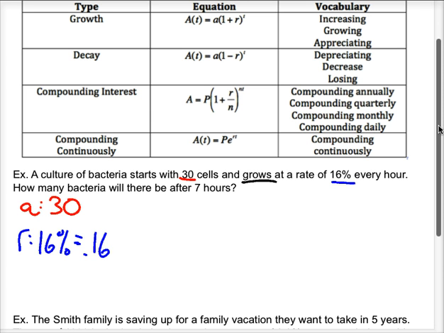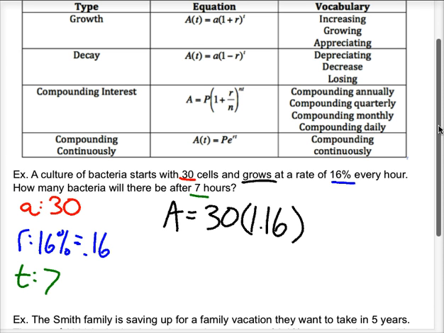And then 7 hours is going to be our time. All right, so we're going to have 30 times 1 plus R, 1 plus 0.16. So we're going to have 1.16 to the 7th power.